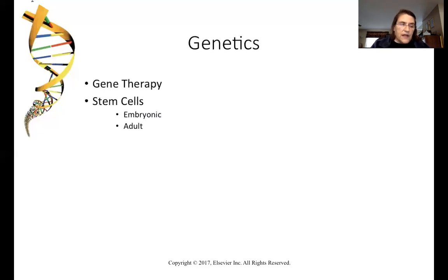Once they're needed, they can differentiate and develop into specific sites. Embryonic cells are a little more malleable and can do more than adult cells. But there is controversy over this, so please go to your book and read more about this. But stem cell research shows a lot of promise and has been stopped in a lot of areas because of the controversies.